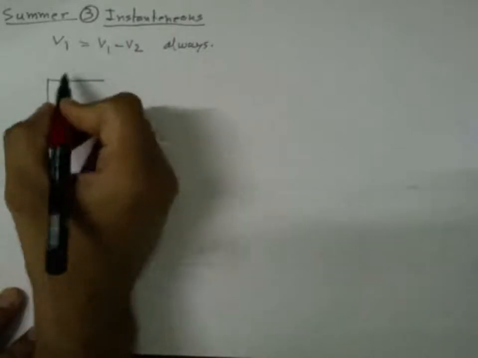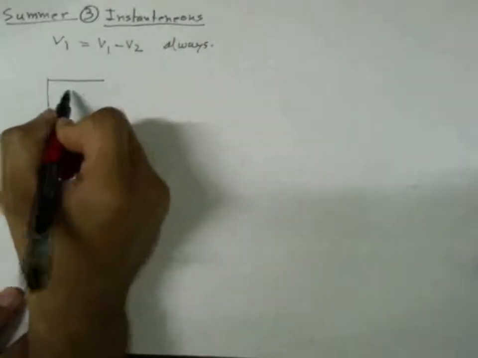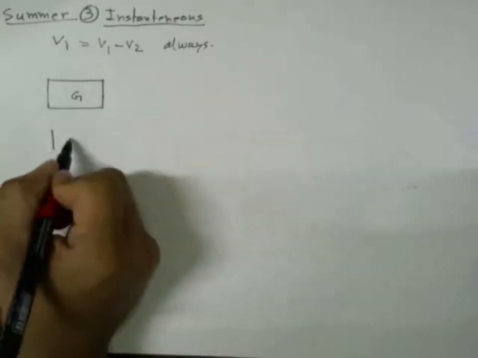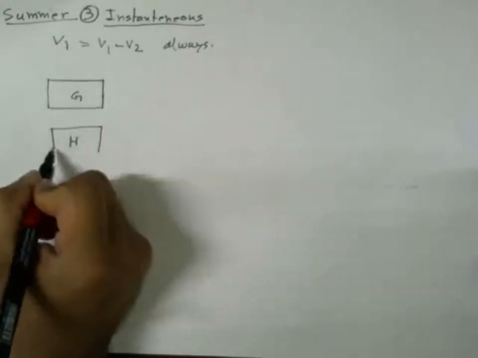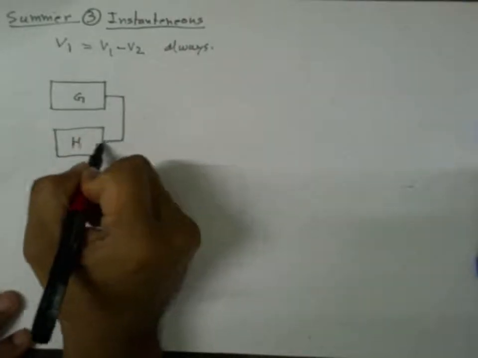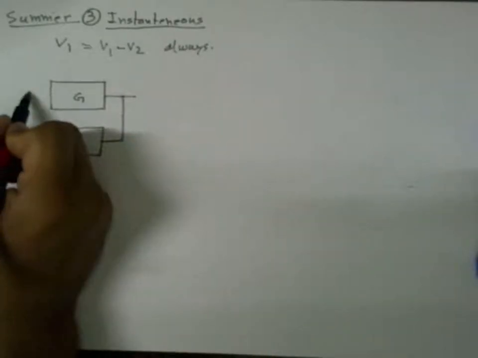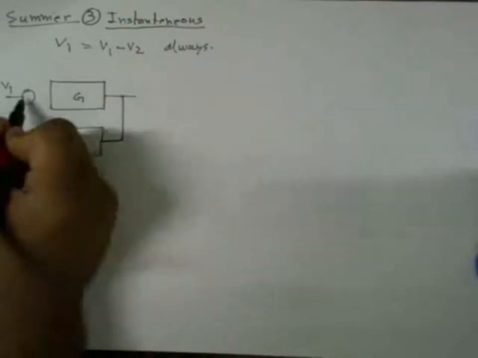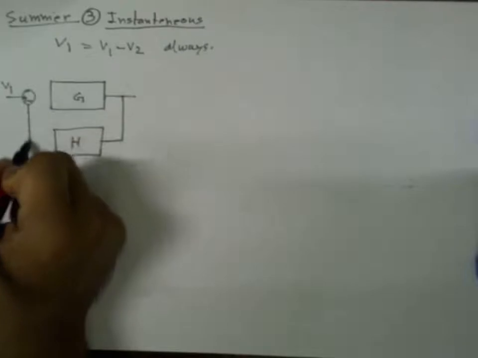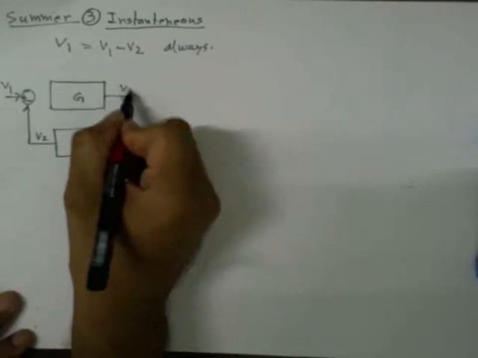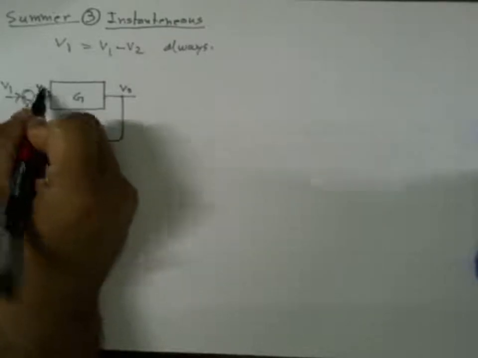So I have this amplifier with gain G and another amplifier that is a feedback element with gain H feeding back, and then the summer, V1 here, plus minus, this is V2, this is VO, this is Vi.